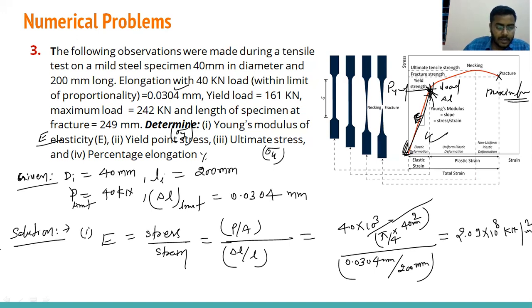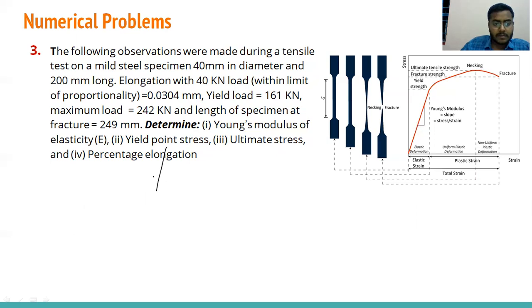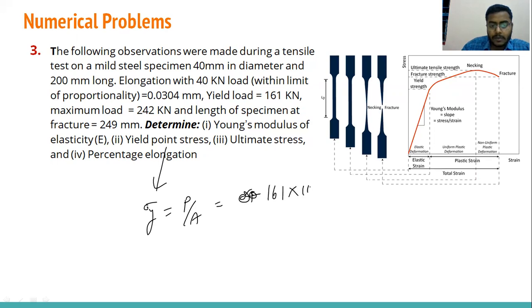Now, let's go to calculate the second one, the yield point stress that we already calculated, sigma y, yield point stress. So that is load by area. Load is given, sorry, load is given 161 10 to the power 3 Newton, divided by area.